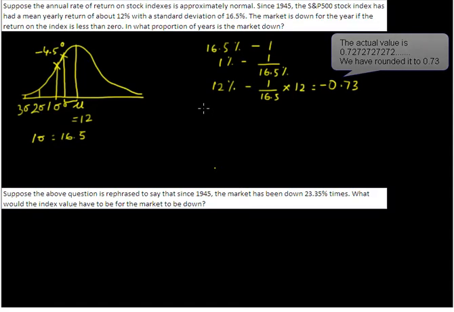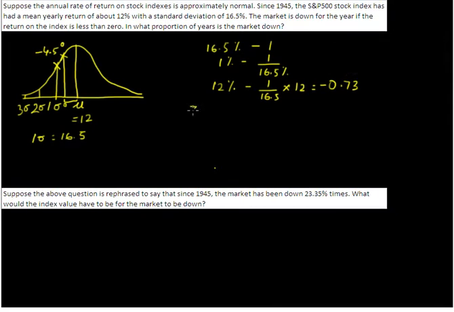What we have done is that we have calculated a quantity known as the standardized normal variate, which we give the name Z, and is calculated as the desired value, which in our case is 0, and we have given it the name X to generalize things, minus the mean value mu, which in our case is 12, divided by the size of one standard deviation, which in our case is 16.5.